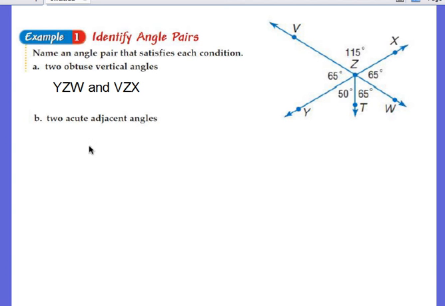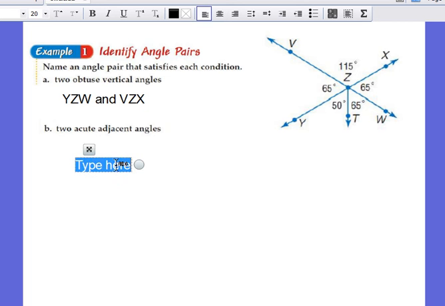So I can just name several options here. Again, I don't have the angle symbol, so just bear with me on that. But a couple pairs is VZY and YZT. That's one.